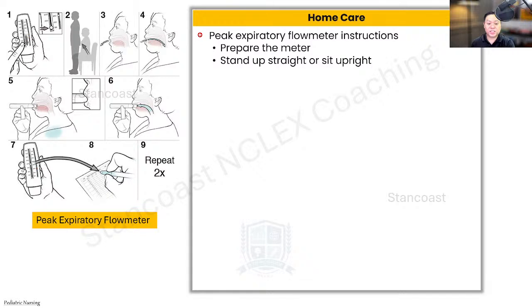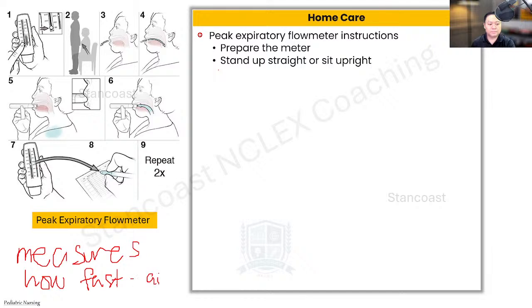Okay, make sure that you encourage them to stand up, or let's say sit upright, while they are using the mouthpiece or the device itself. So this device will actually measure, so let me write this down. It measures how fast the air can come out of the lungs.